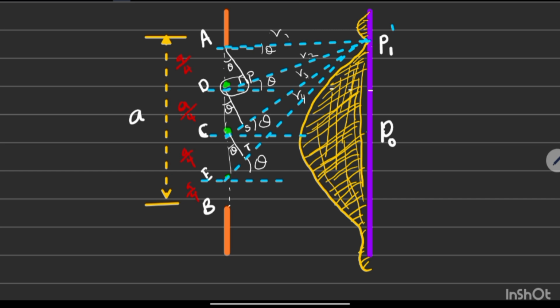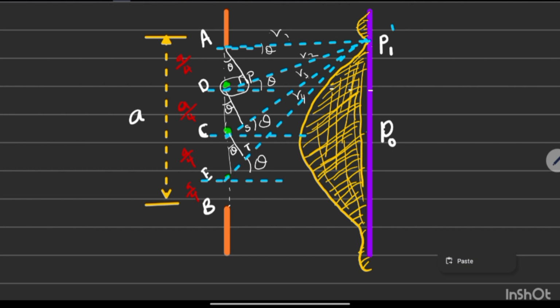Okay, so how much is this path difference between any pair of rays from any two adjacent regions? That can be estimated in terms of sine of angles of this theta.